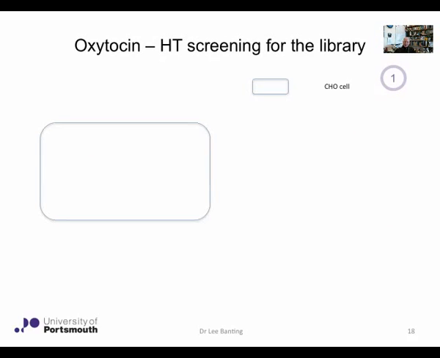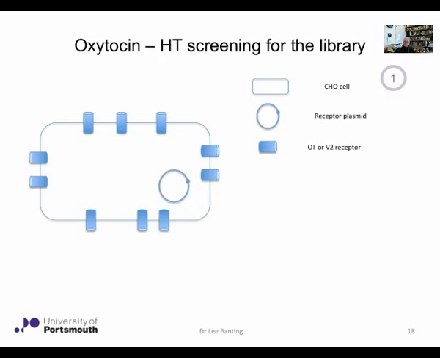I'm not going to spend too much time talking about the high throughput screening because we did that in the lecture. But just to reiterate, very briefly, this is how you would do it. Genetic engineering of a mammalian cell type would allow overexpression of either the oxytocin or vasopressin receptor at the surface of that cell, which allows us to bind test compounds, or the natural ligand, to that receptor.